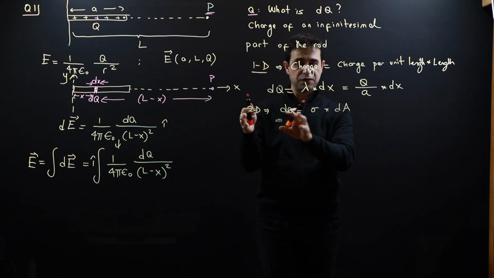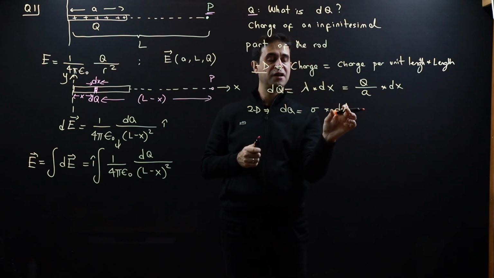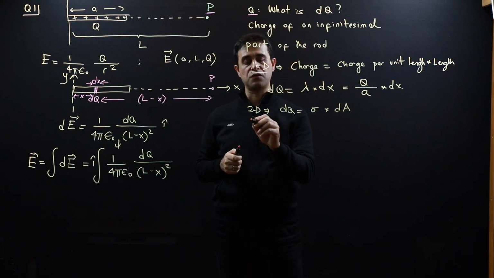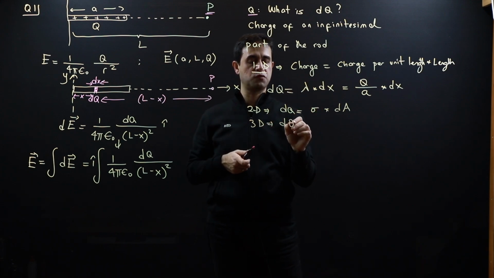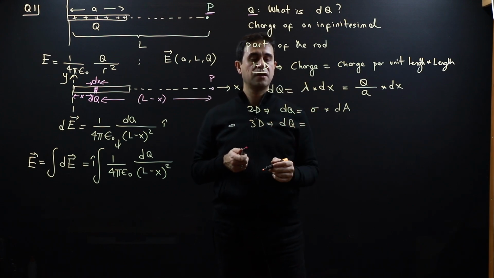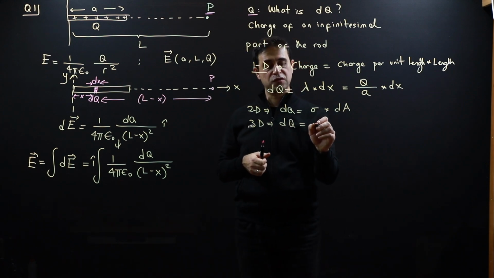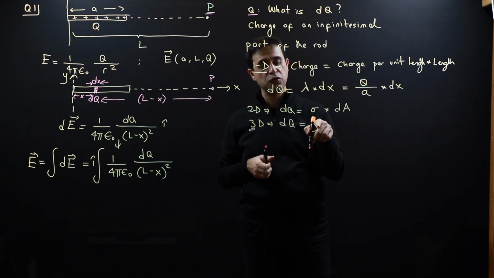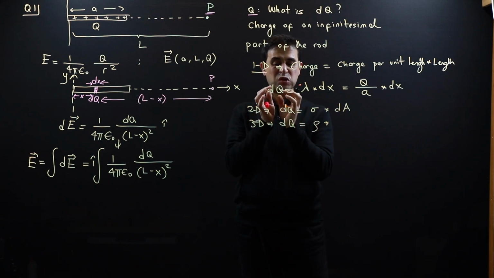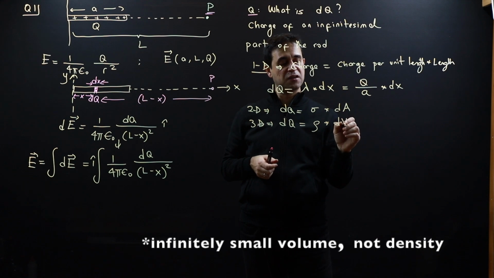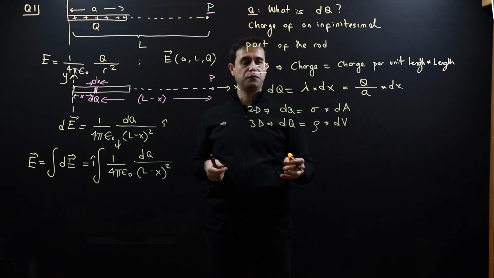If it's a surface, if it's 2-dimensional, it's the area of that small, infinitely small surface. In 3D, normally it should be more complicated, right? But here it's actually not, because it's the thing that you already know. Charge per unit volume, which is rho, that stands for density, multiplied by the small volume of that infinitely small portion of whatever we're considering.